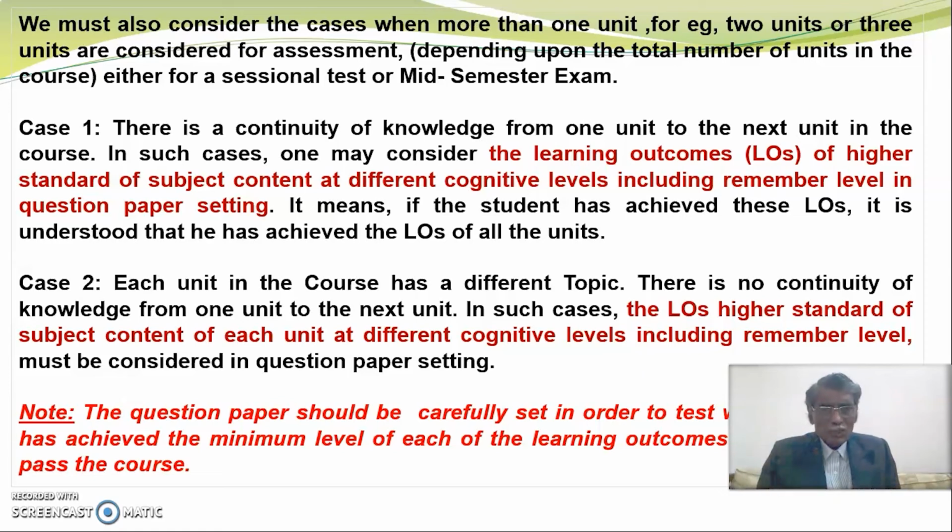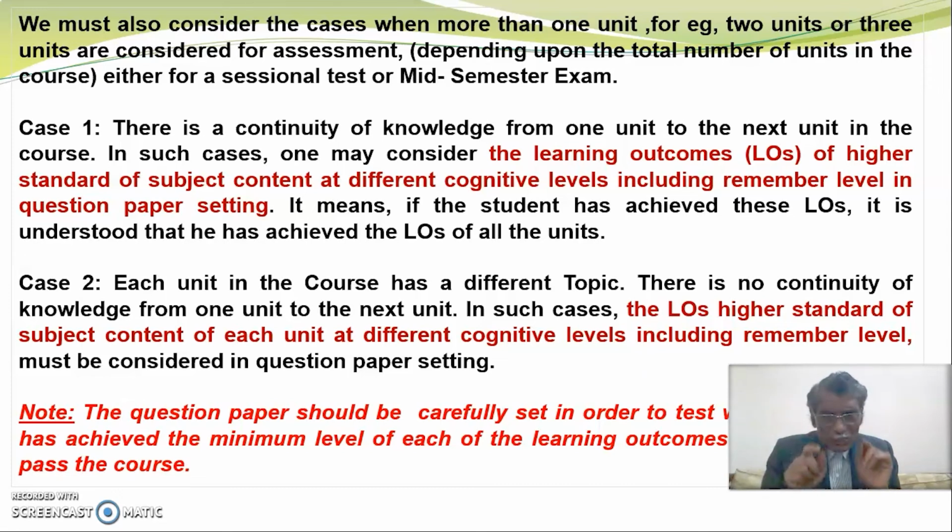Case 2. Each unit in the course has a different topic. In some of the courses, they are designed like this. There is no continuity of knowledge from one unit to the next unit. In such cases, the LOs of higher standard of the subject content of each unit at different cognitive levels, including remember, must be considered for question paper setting.